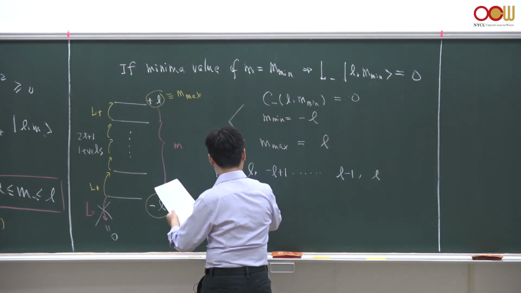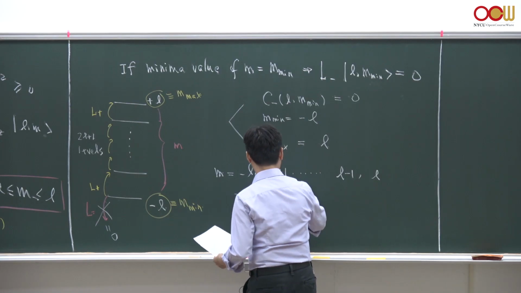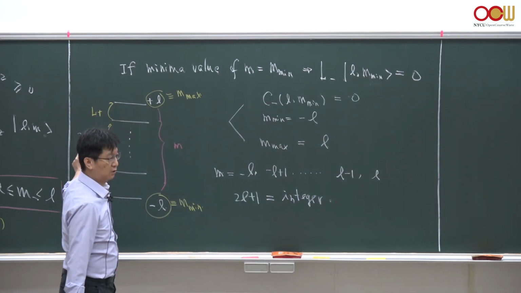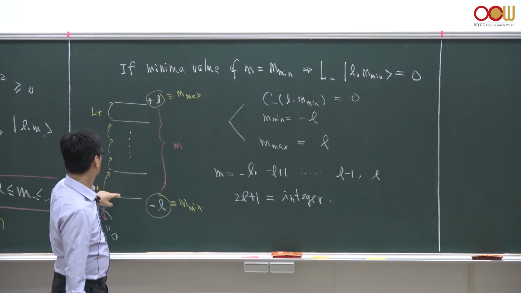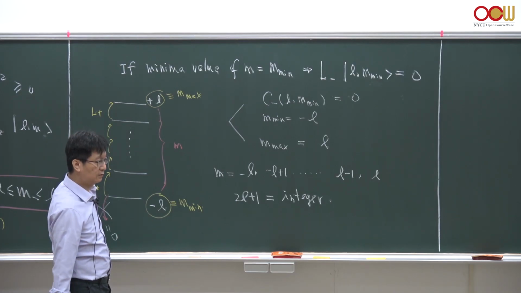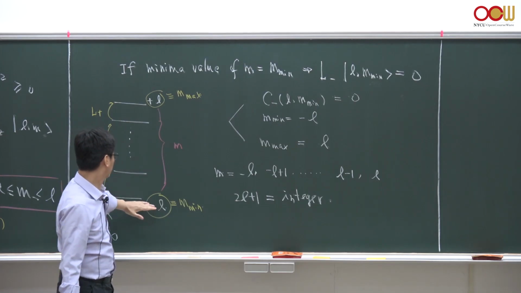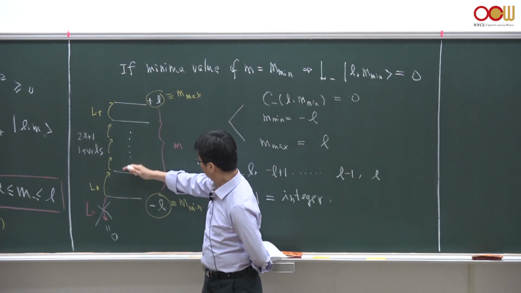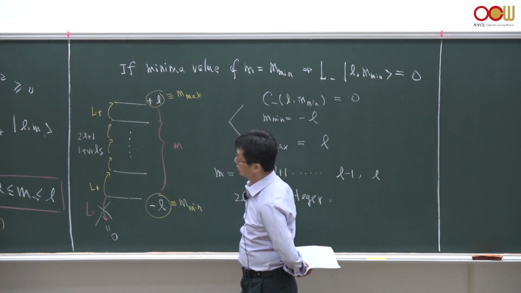So this 2L plus 1 is an integer, because there are exactly 2L plus 1 levels, and of course this 2L plus 1 should be an integer, because we can count how many floors there are, 1, 2, 3 until the top floor.